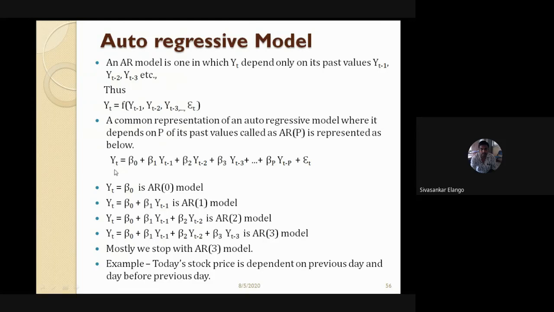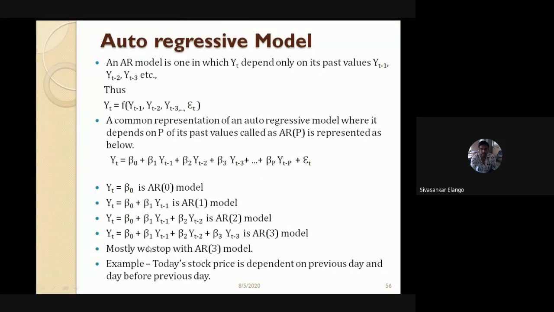It is represented as follows. The output variable yt depends on beta naught, which is the intercept, plus beta 1 times y of t minus 1, plus beta 2 times y of t minus 2, plus beta 3 times y of t minus 3, extending till beta p times y of t minus p. So the p value is important. Usually we go for 3 levels of autoregression, where the output depends on the past 3 values, plus epsilon t, which is the error term.